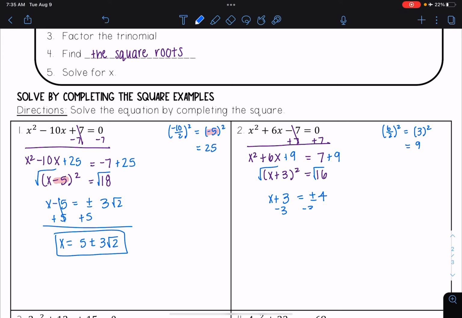Subtract 3 from both sides. And I get that x is equal to -3 plus or minus 4. And so I really have -3 plus 4 or -3 minus 4. -3 plus 4, I get 1. -3 minus 4, I get -7. And so my two answers are x equals -7 and 1.